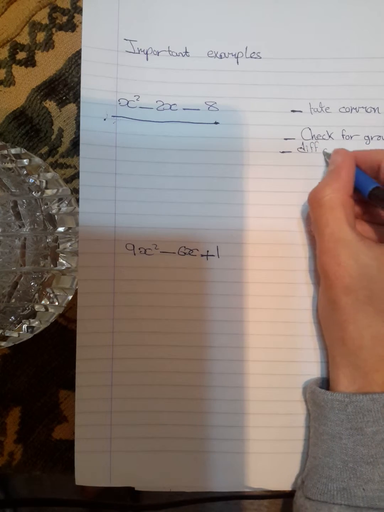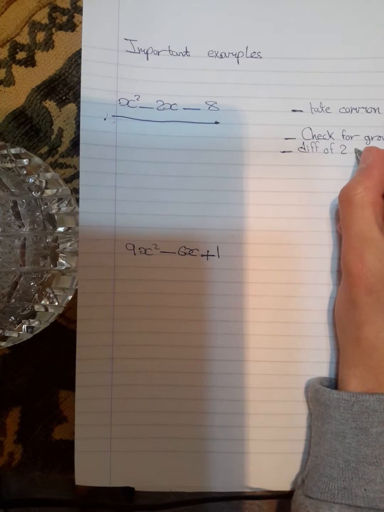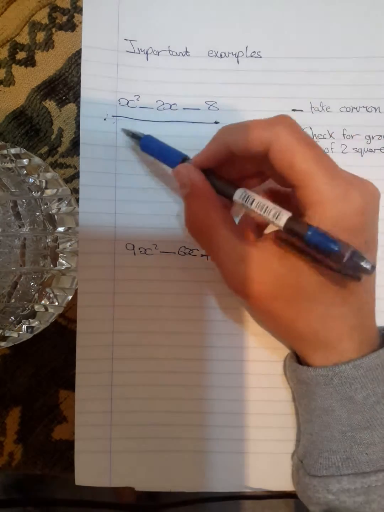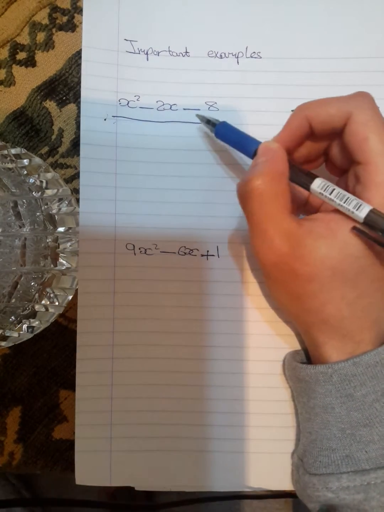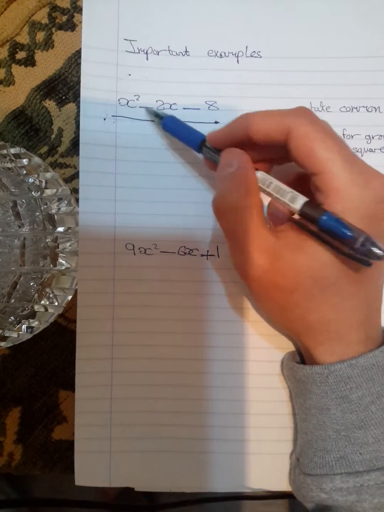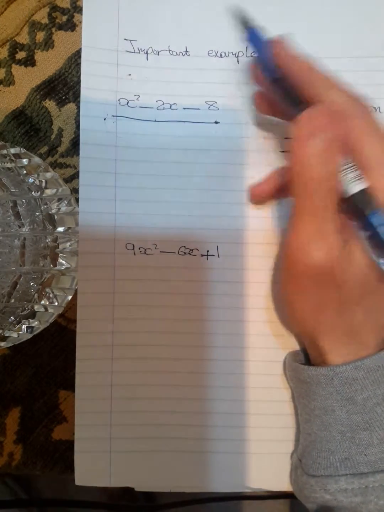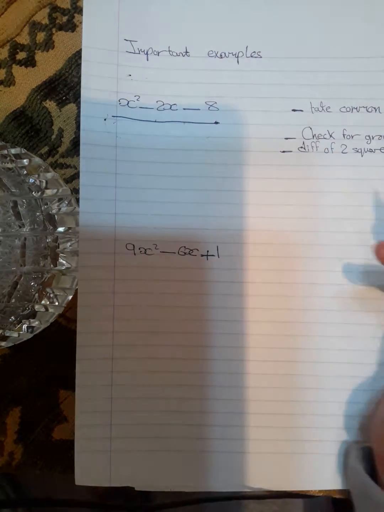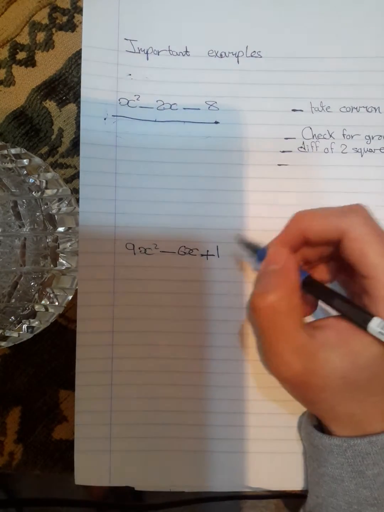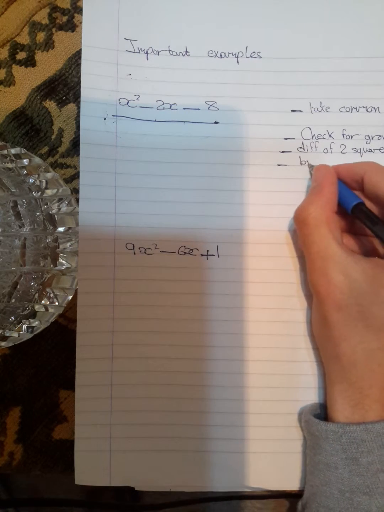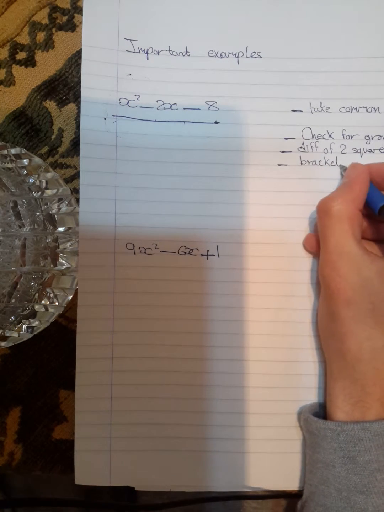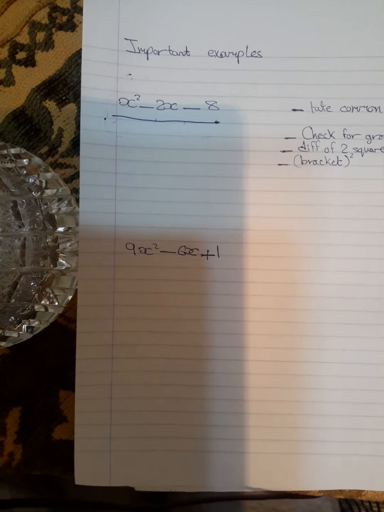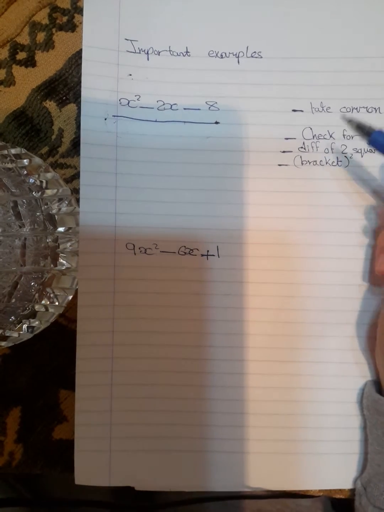Then check for difference of two squares. Okay, is this a difference between two squares? No, there are three terms, not two, and it absolutely fails. So now we will check for a bracket power of 2. Okay, how will I do this?